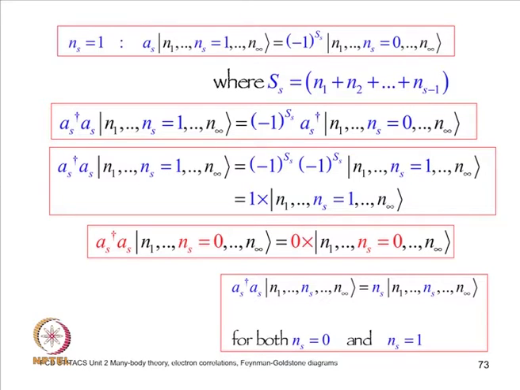So, essentially the As dagger As is the number operator whose eigenvalues are either 1 or 0, as we have seen earlier.